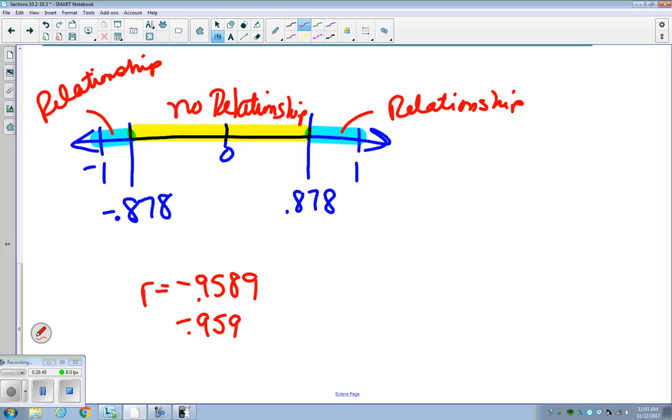So I'm going to say, oh, let's get green. Somewhere about here is this, correct? So it is a good relationship. Absolutely is a good relationship. My linear equation is going to be a good predictor. That's what that means. My linear regression equation will be a good predictor.